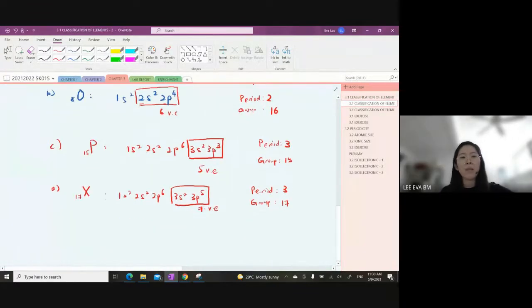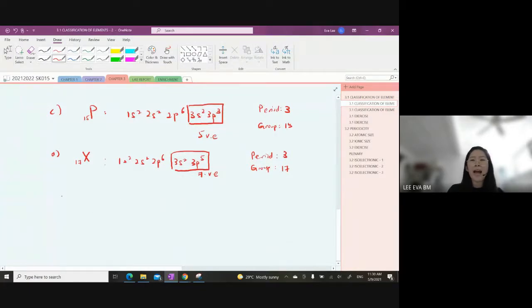Okay, so maybe some of you will ask, Madam, how about if the element comes from the d block, from the transition elements? Okay, let's just see this one. Proton number 21.